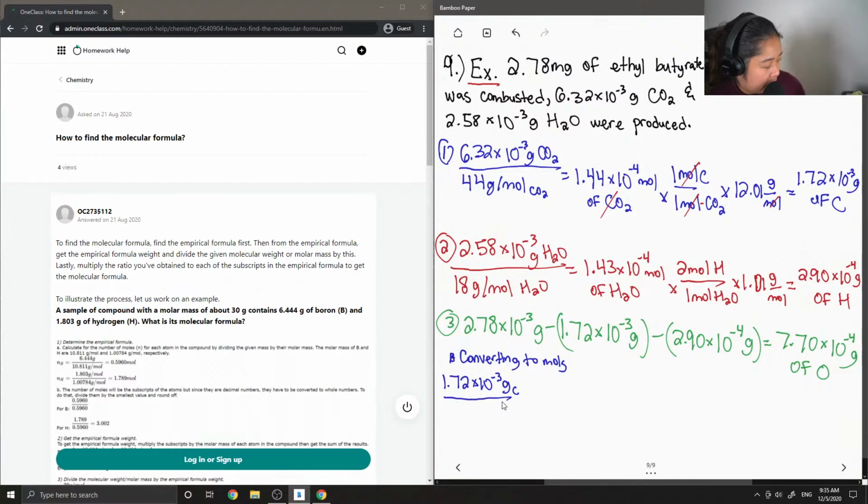To find its number of moles, we just divide by its molar mass, which is 12 grams per mole, to give us 1.43 times 10 to the negative 4 moles of carbon.